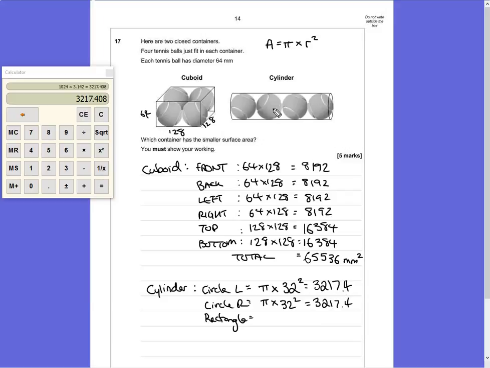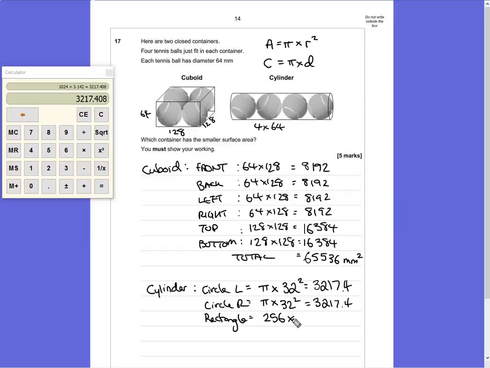For the rectangle, we have the same idea as the cuboid, that we can multiply the width, in this case 4 lots of 64, which would be 256, and we need to multiply it by the width, which would be the circumference of the circle, the distance all the way round. The circumference of a circle is calculated by multiplying pi by the diameter.